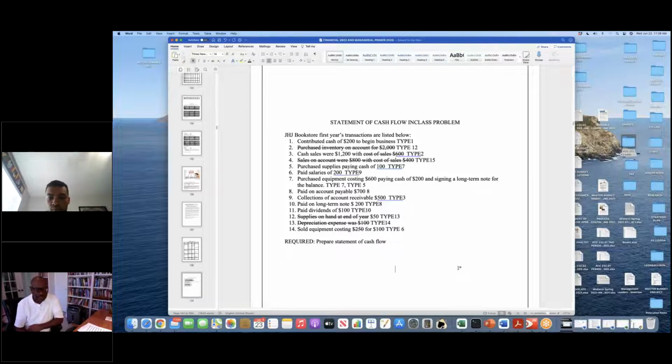Okay. So our first step in preparing the statement of cash flow is to scratch out all journal entries that did not involve either the inflow of cash or the outflow of cash.